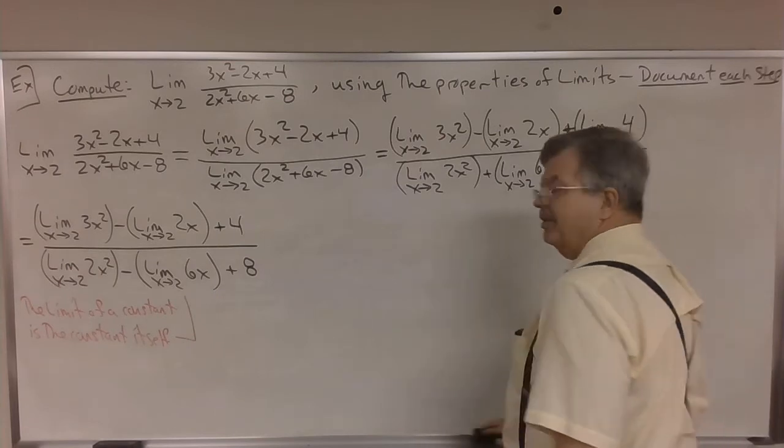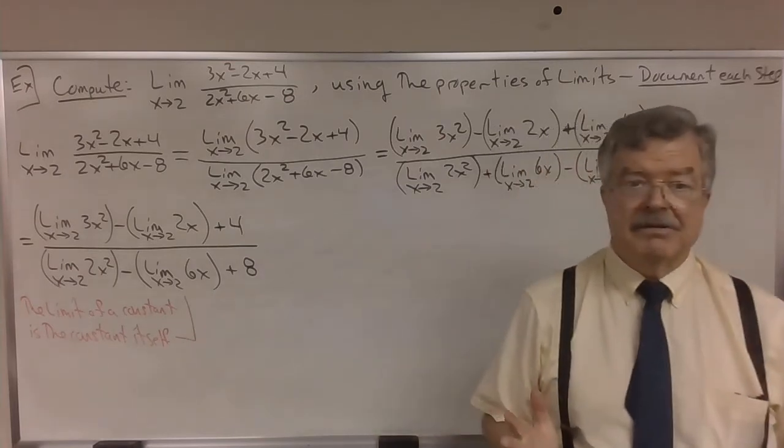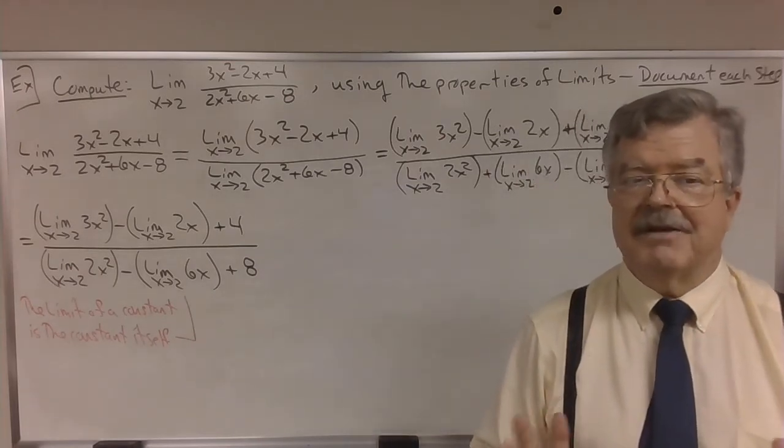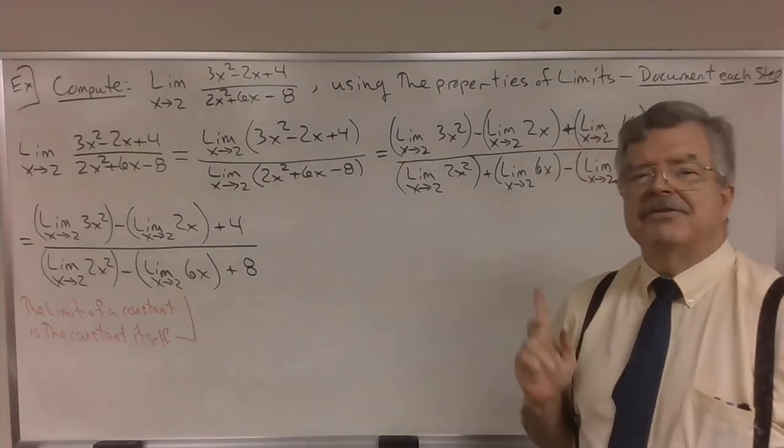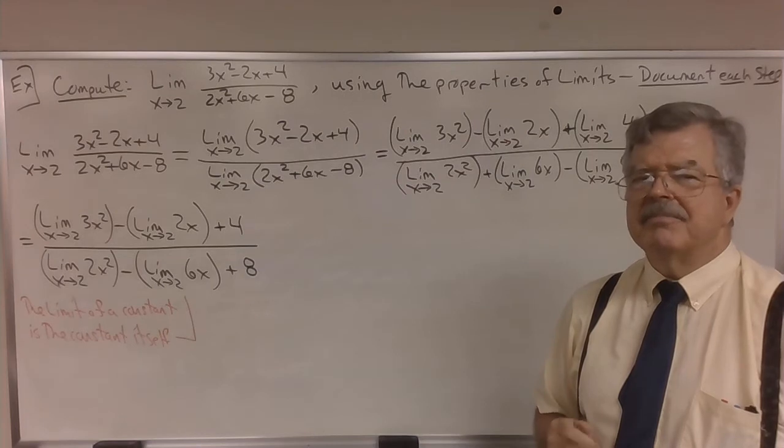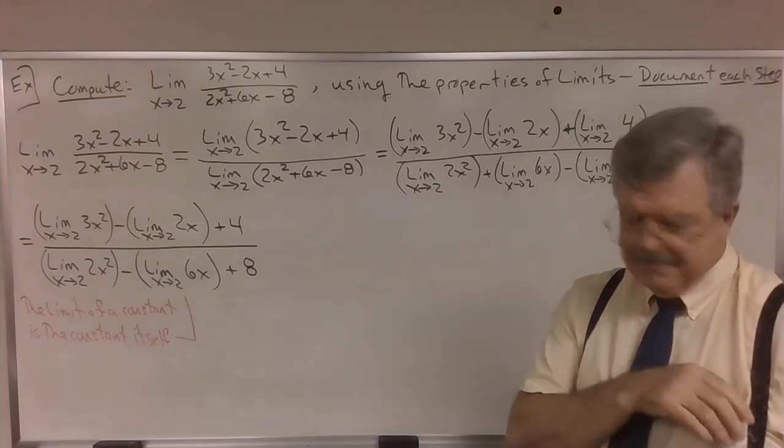And now we apply that property that I didn't list on the board. I'm going to have to make up for it at the end of this lecture. There's a property that I didn't mention, but I'm going to use it now.